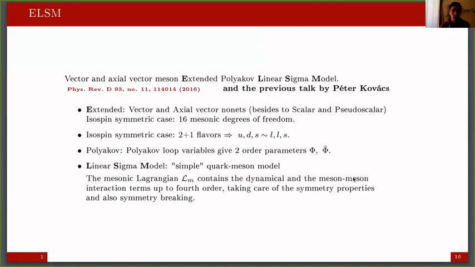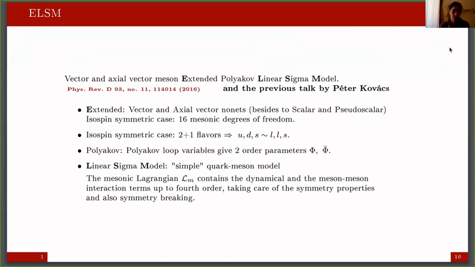First, I will very briefly say some words about the model. Peter already told it in a bit more detail. It is an extended linear sigma model, extended because we have the full vector and axial vector nonets besides the scalars and pseudoscalars.